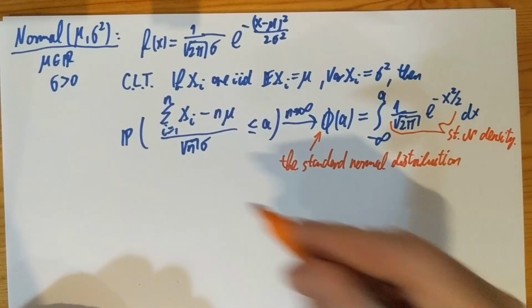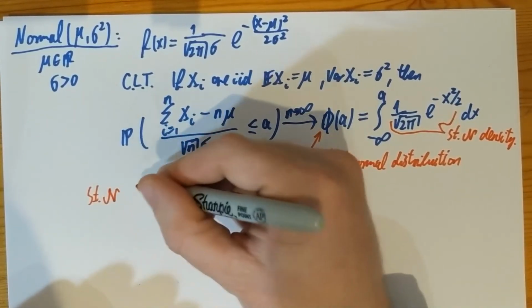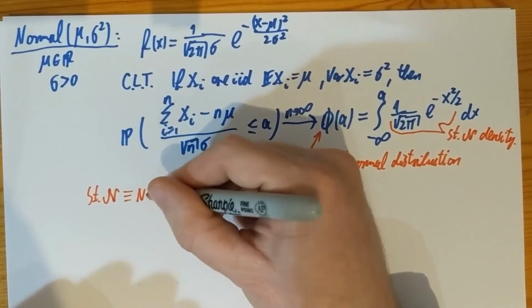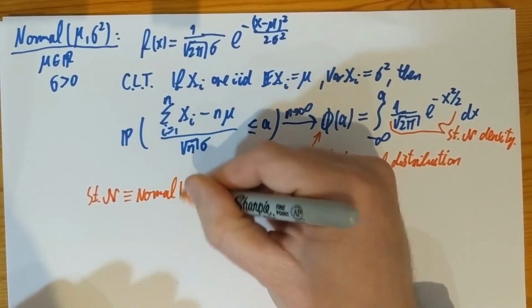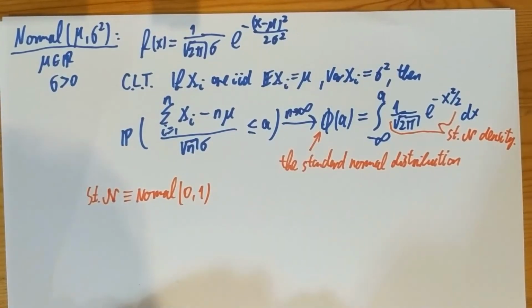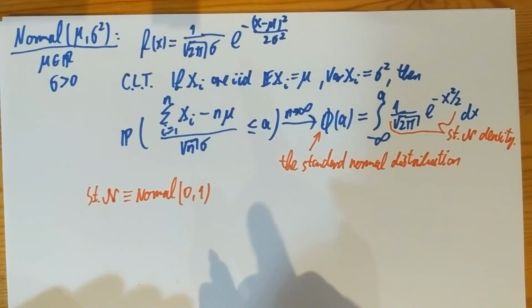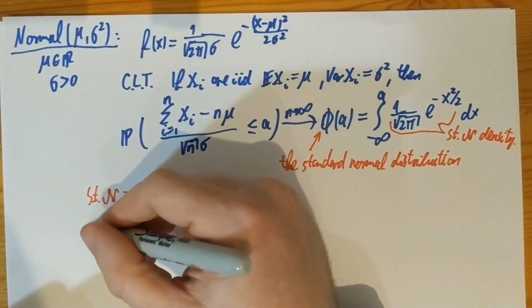And what is standard normal? What I abbreviated as standard normal is just normal of parameters 0 and 1, 0 for mu and 1 for sigma square.